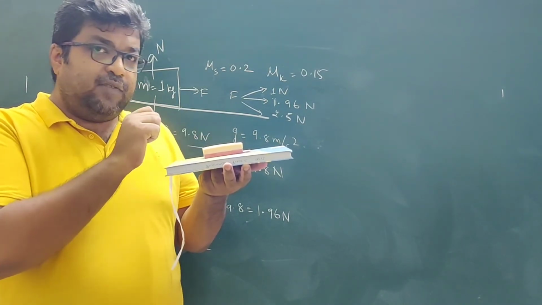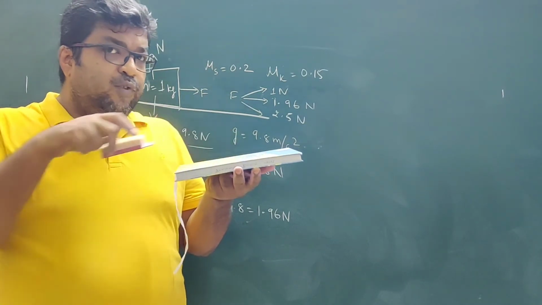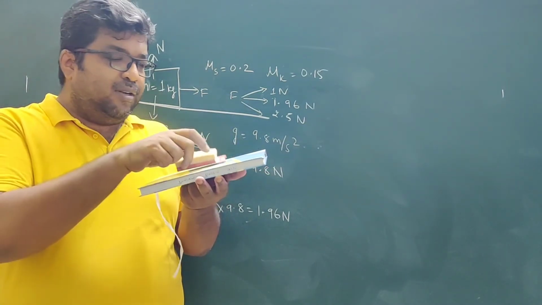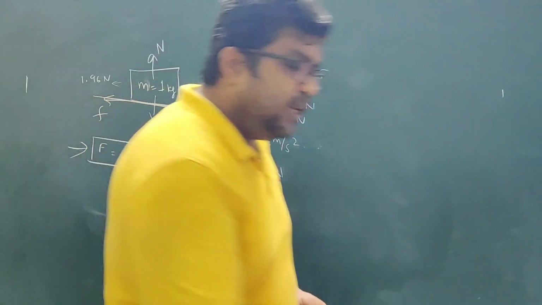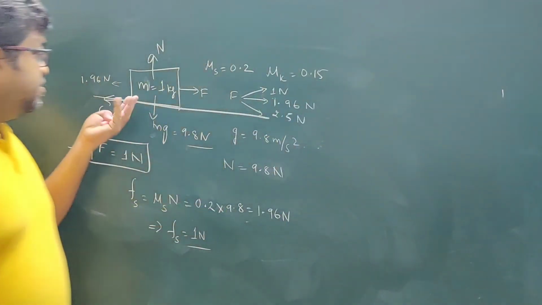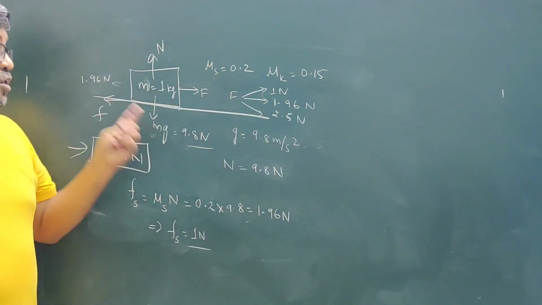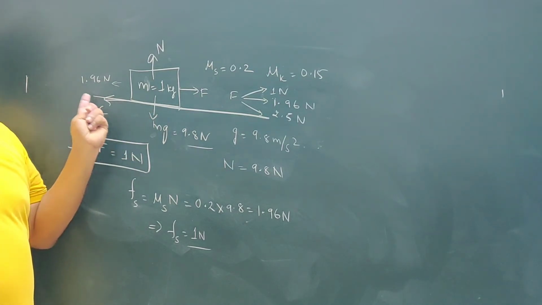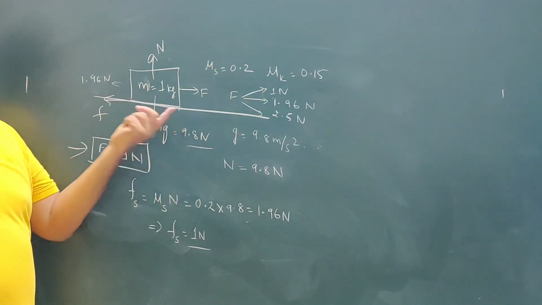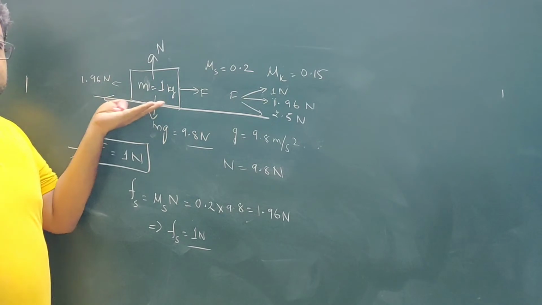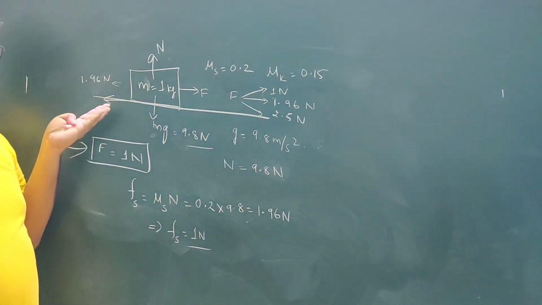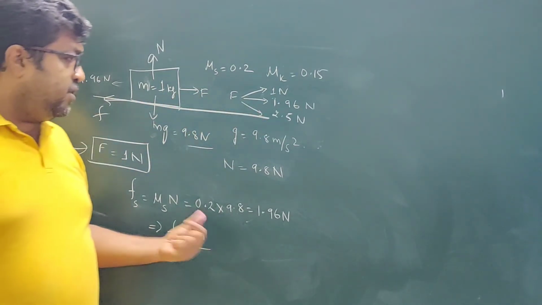It does not mean this duster will move in the backward direction. That is impossible, isn't it? It only means that this block is in static condition. So under static condition, the static friction will be equal to the applied force. Obviously, since the block is not moving, the force in the forward direction is equal to the force in the backward direction. So Fs is equal to 1 Newton.